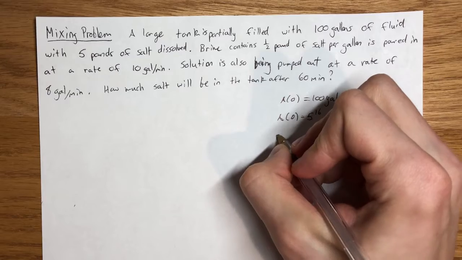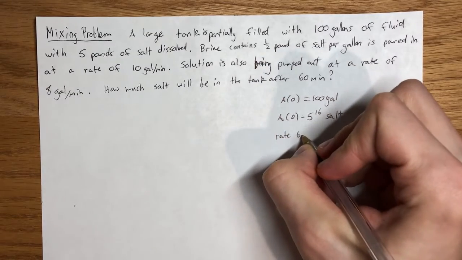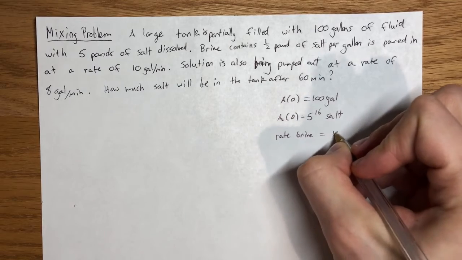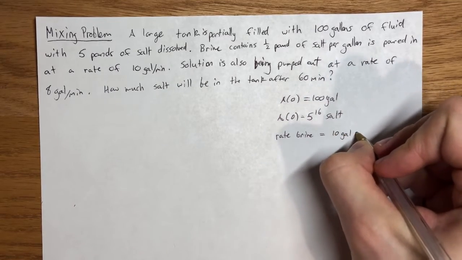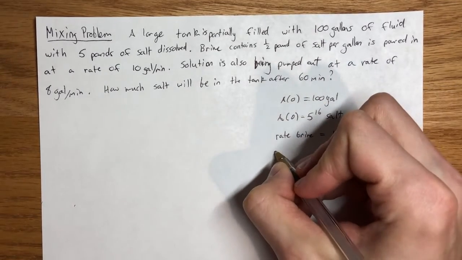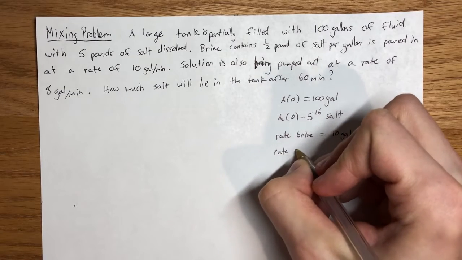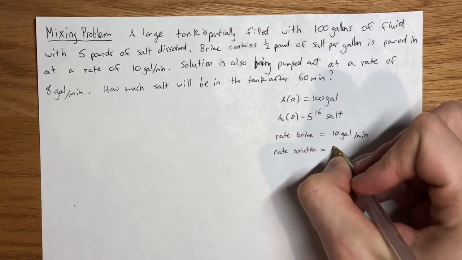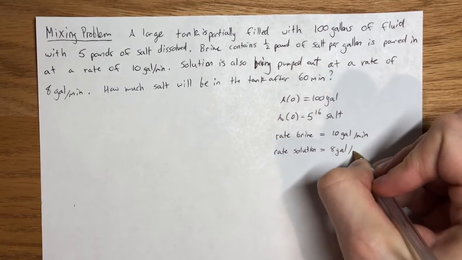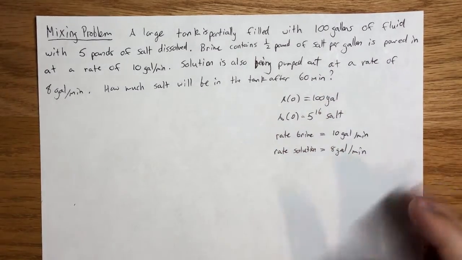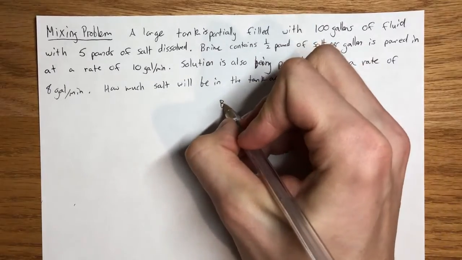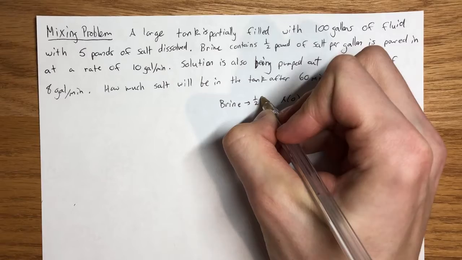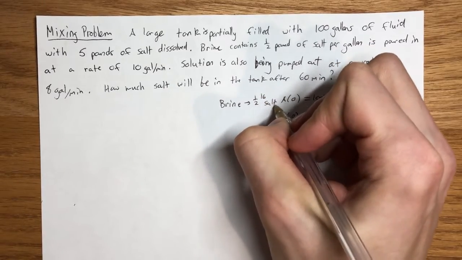So our rate in is with the brine, which is 10 gallons per minute. And then the rate out is the solution at 8 gallons per minute. And then our brine contains half a pound of salt per gallon.